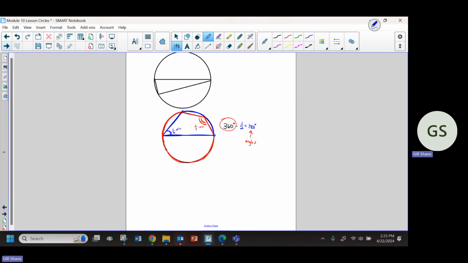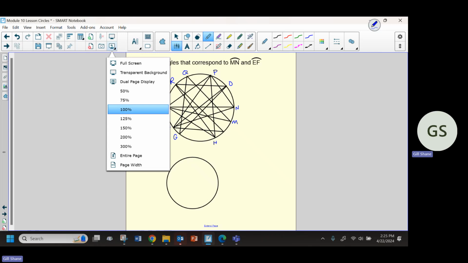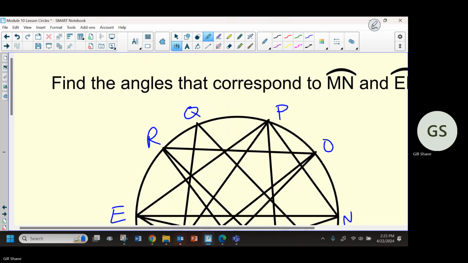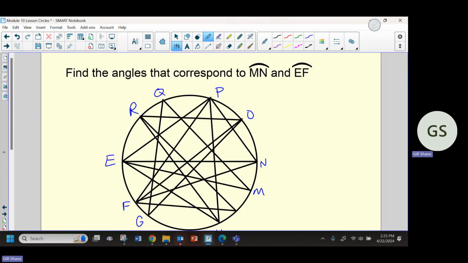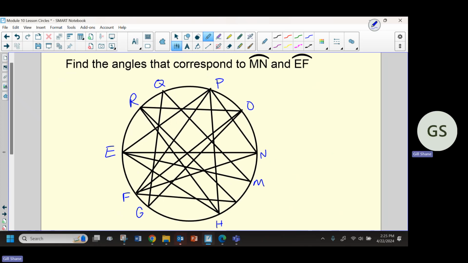Let's go into the tangents. Oh, really quickly, I do want to show you this. If you're really struggling still to figure out how angles match up with arcs, it should be easy to match the angle with its arc. You just trace the angle lines all the way to the other end of the circle. Just trace them all the way out.